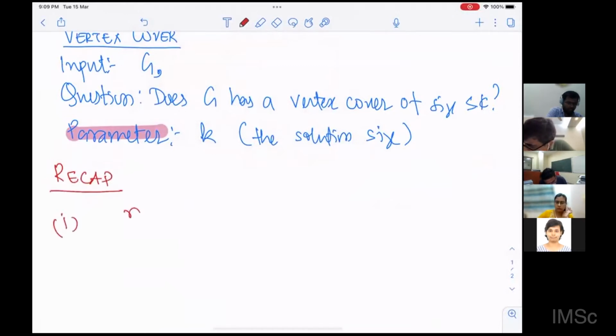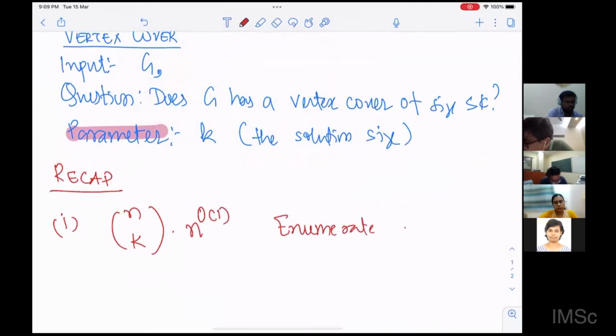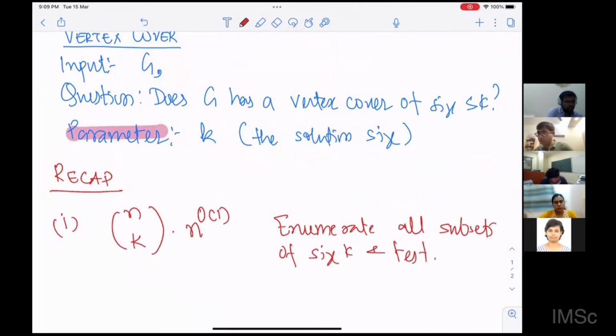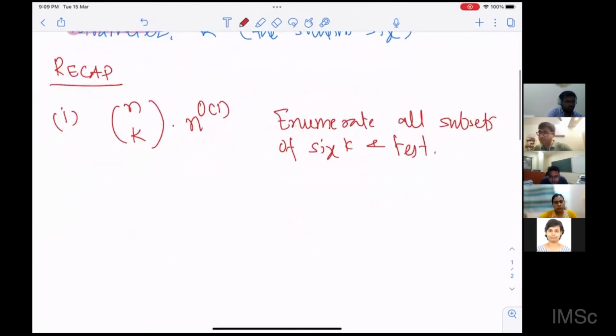First, we saw this nice enumeration algorithm, n choose k times n to the power big O of 1. Enumerate all subsets of size k and test. So this was our first algorithm that we saw. And then we decided, could we get an algorithm which is better than this?